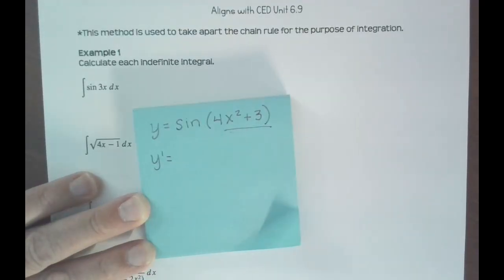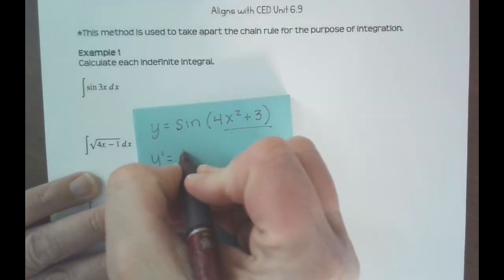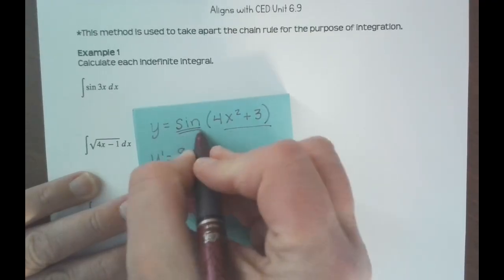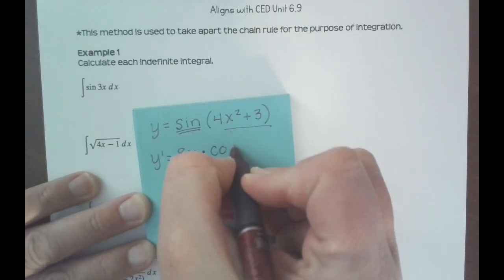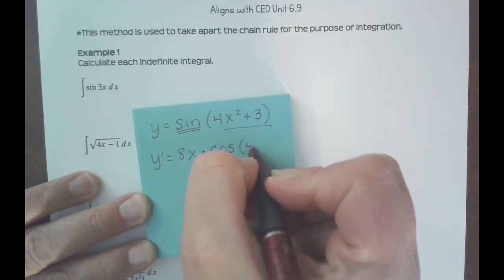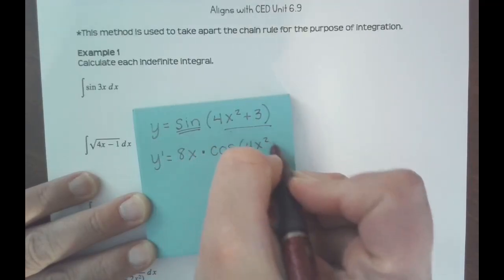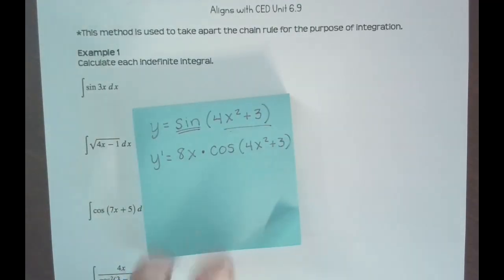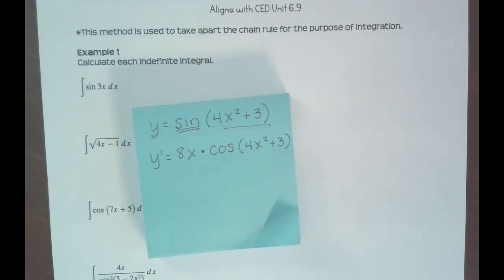So I need the derivative of 4x squared plus 3. That would be 8x. And then you would multiply that by the derivative of the sine, which is cosine. But then this inside part stays the same. That should be old news, right? This is stuff that we did first semester where we did the chain rule, okay?